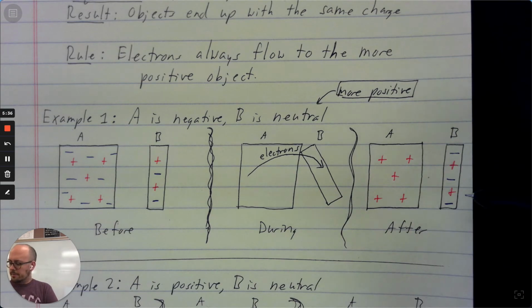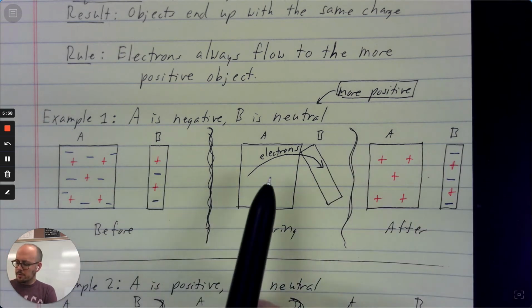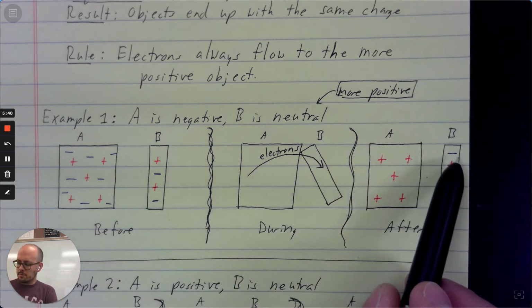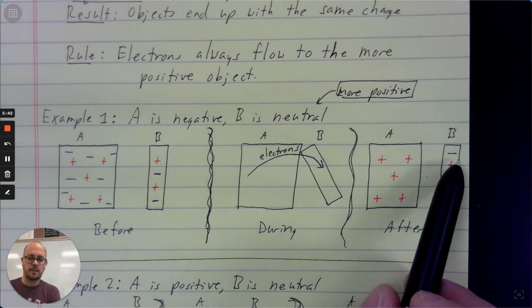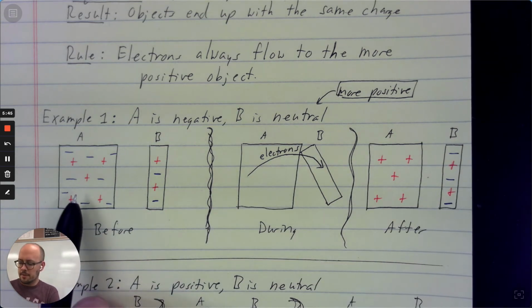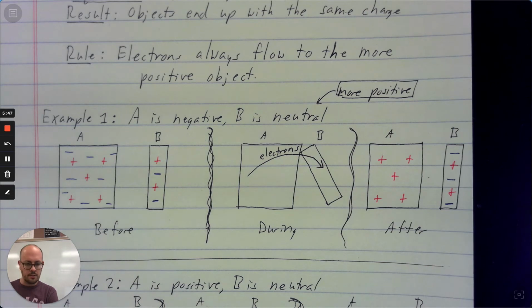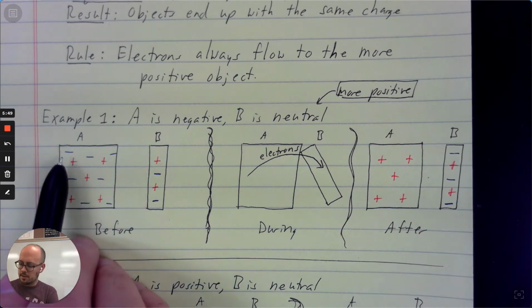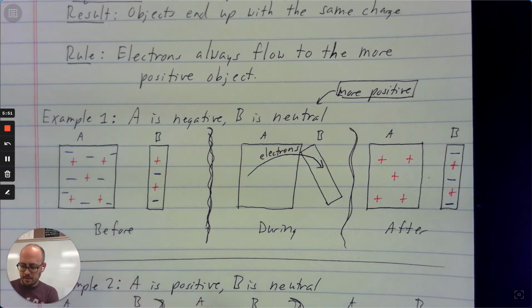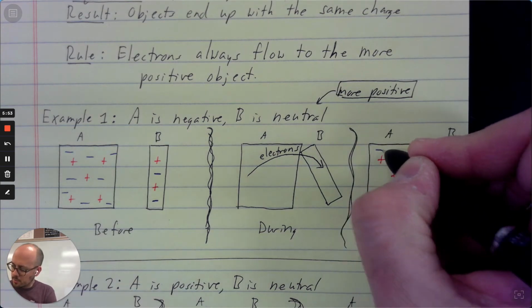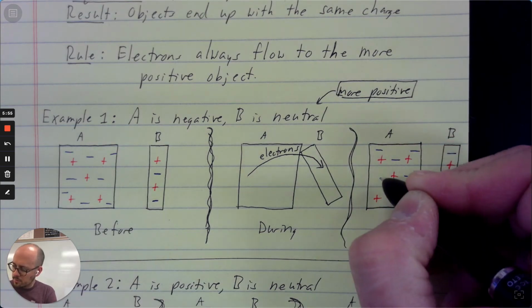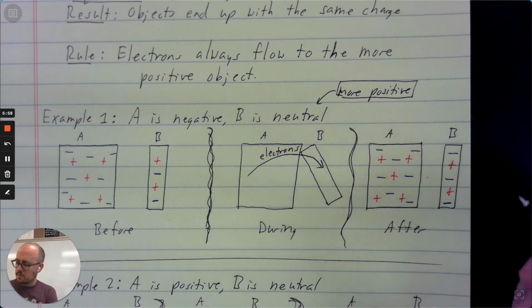I'm going to go with that because what happens is I move some electrons over to B. So we'll say I moved 1 trillion electrons over to object B. That means I have to take 1 trillion electrons away from object A. It started with 8. It's now going to end up with 7.